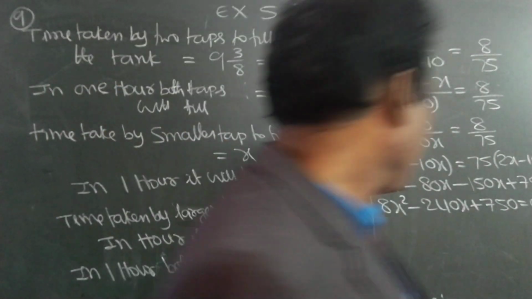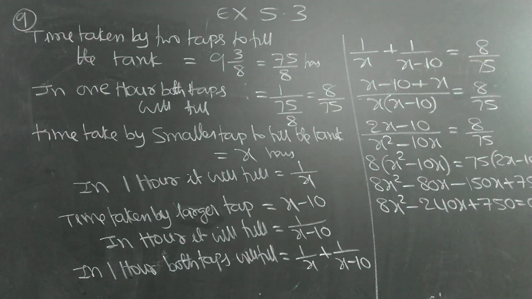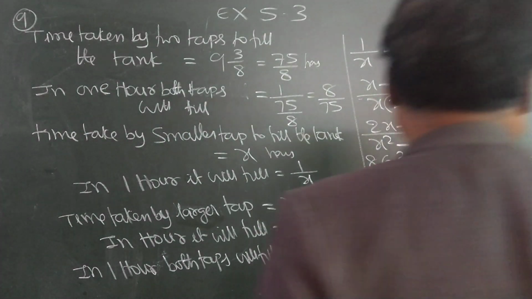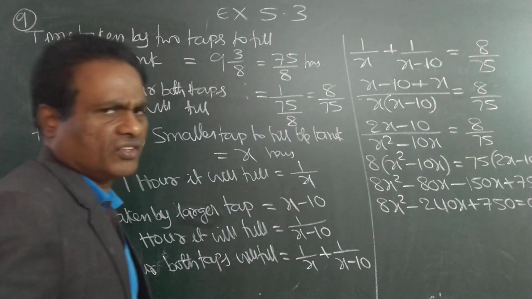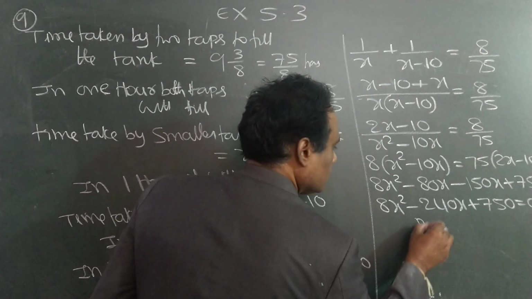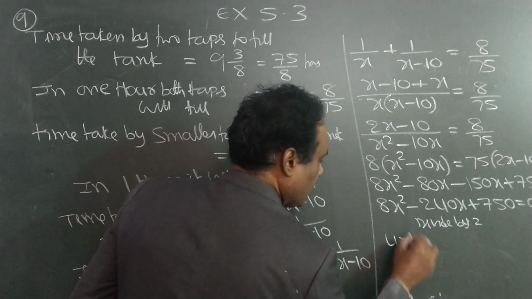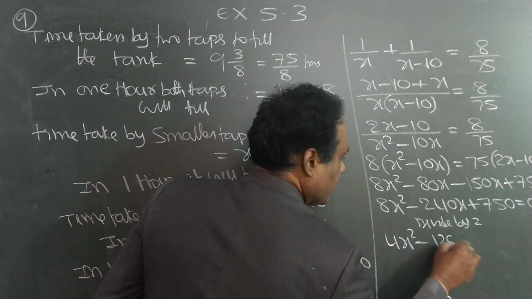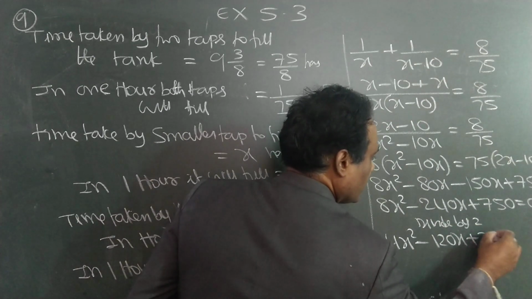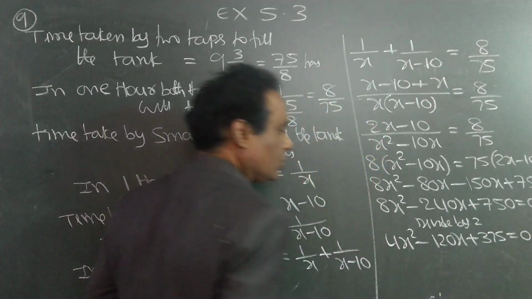So we can simplify, divide by 2, because each is divisible by 2. 4x square, 120x, 375 is equal to 0.